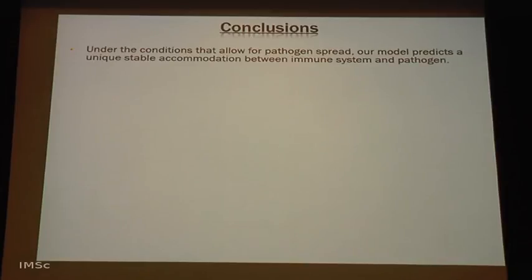So to conclude, under the conditions that allow for pathogen spread, so R0 is bigger than 1, the model is telling us that there is a stable accommodation between pathogen and immune system. And at this equilibrium, only the maximal stages are regulated.